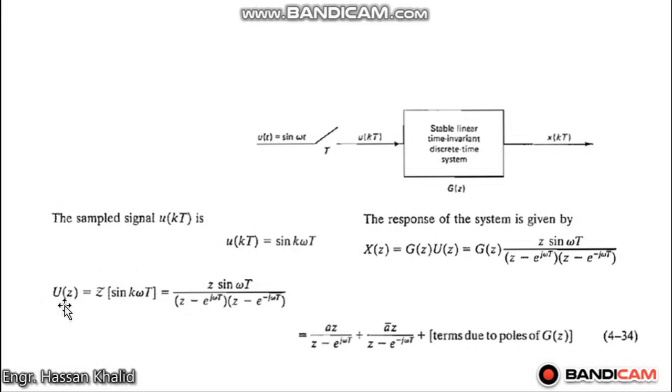After that, we applied the z transform theorem. You can also find the z transform of the sine input in the table presented in your chapter 1. After that, you multiply this input with your stable system G of z in order to get the output y of kt, or you must say x of kt, because here it is defined as x of kt.